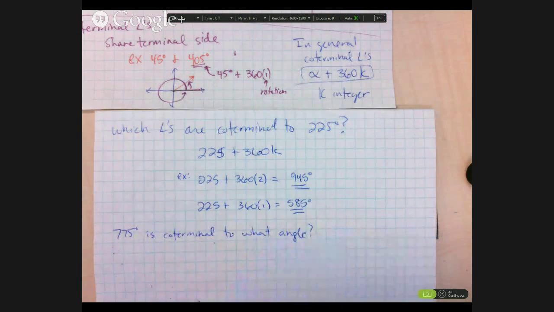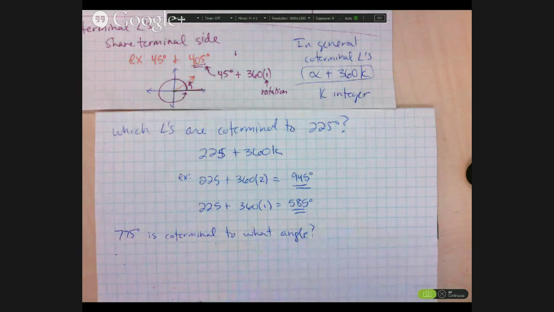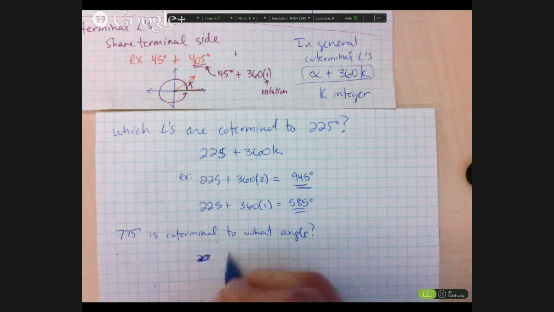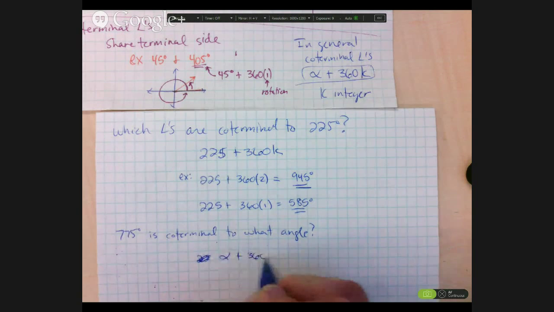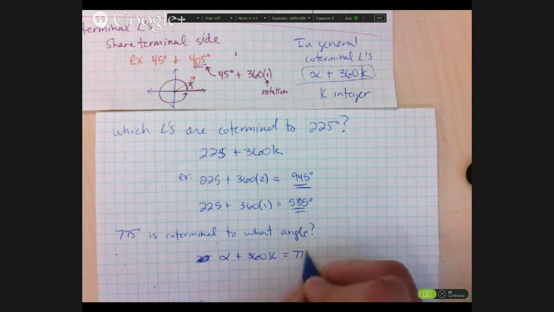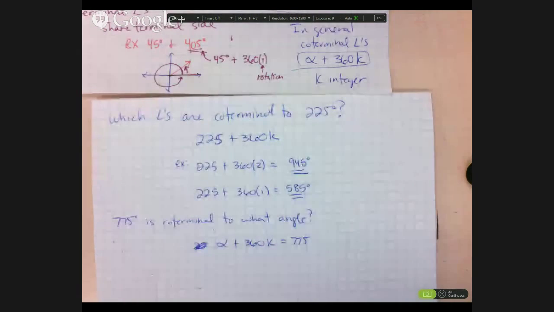Okay, here's another way to throw it at you. 775 is coterminal to what angle? Okay.